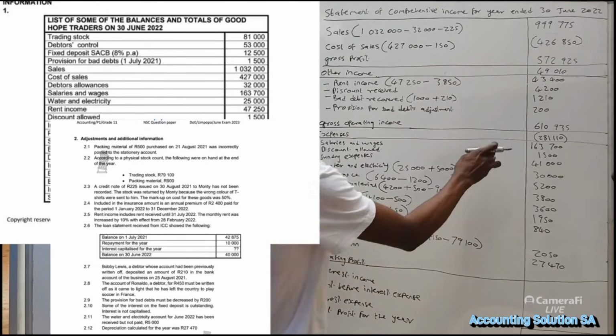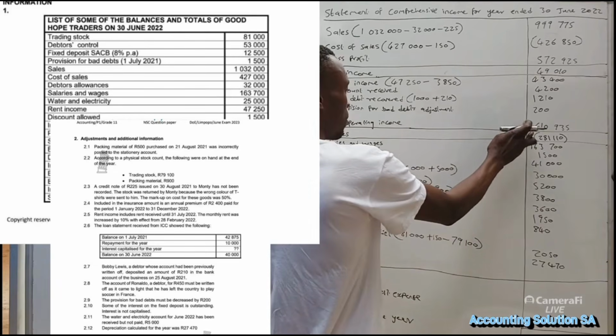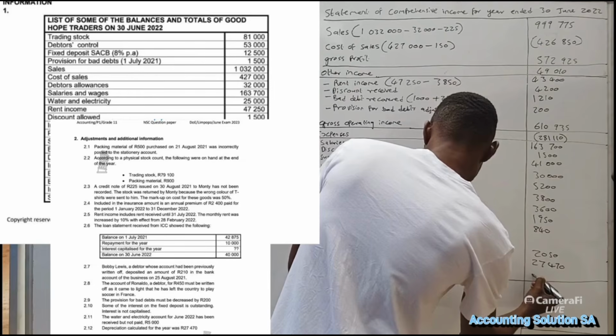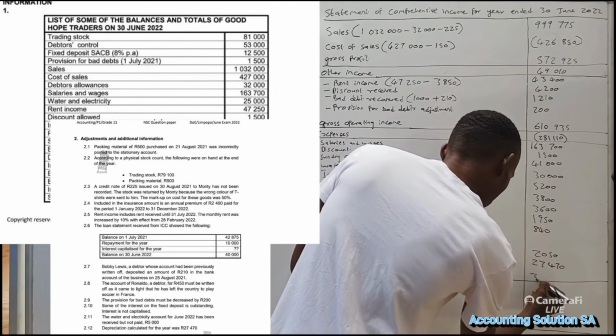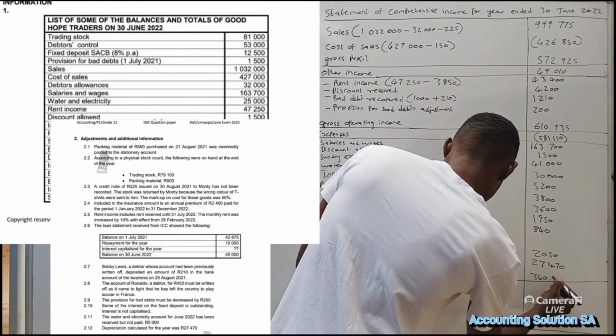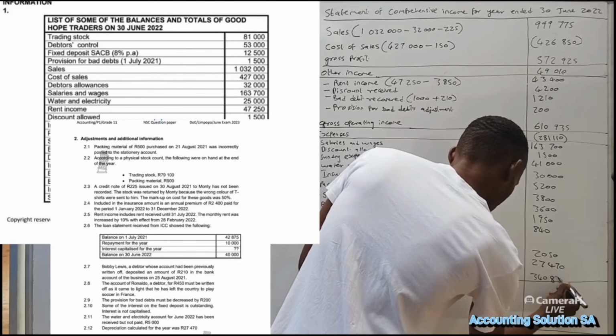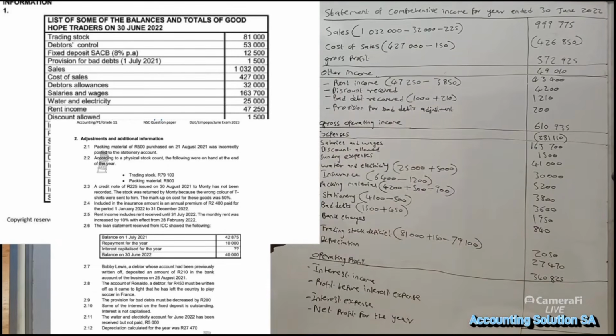Operating profit is gross operating income minus expenses. Then it will give us an amount of 340,825. Okay, then interest income. Okay, let's open a bracket.